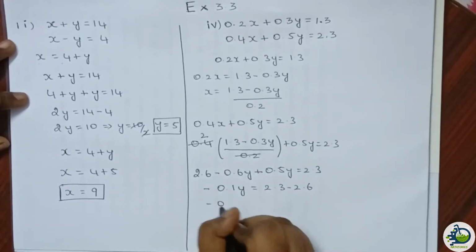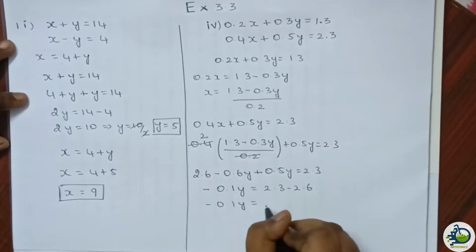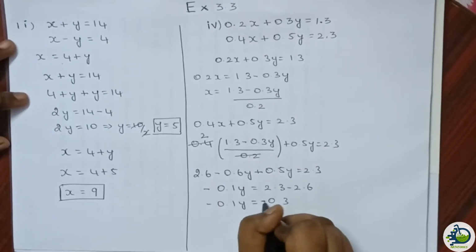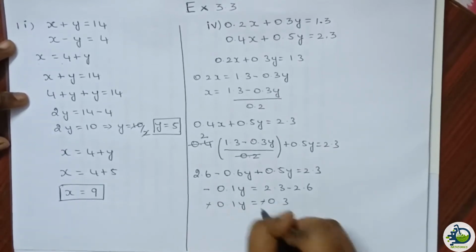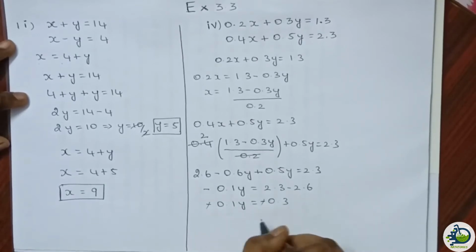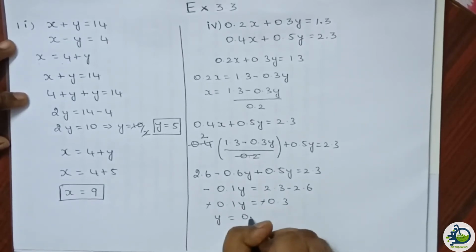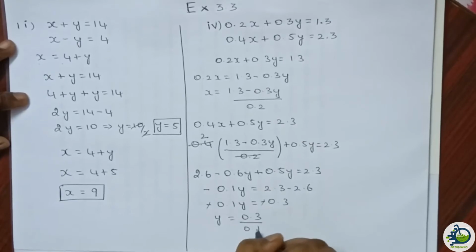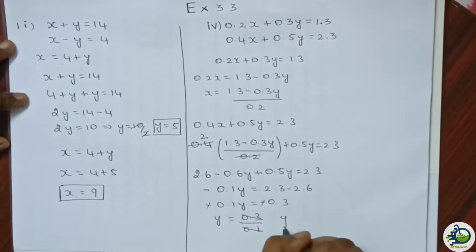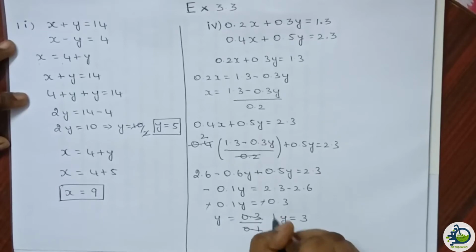So I am getting minus 0.1y, which is equal to minus 0.3. This minus and this minus get cancelled. I am getting y is equal to 0.3 by 0.1. So when we cancel these both, we are getting y is equal to 3.